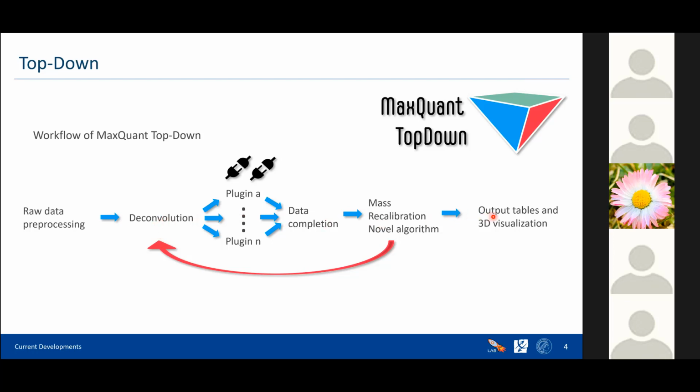Then we will get output tables again, we can do the visualization and so on. So it's overall similar to the existing MaxQuant workflow and algorithm, but some parts are different, mainly because the data is different. I guess that makes sense. And yeah, it's work in progress. There's a lot being done already. It's not quite finished, but it's on a good way.